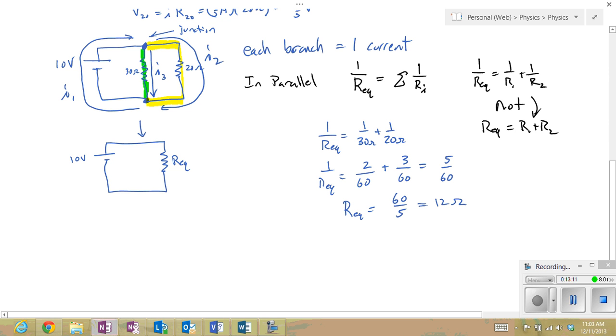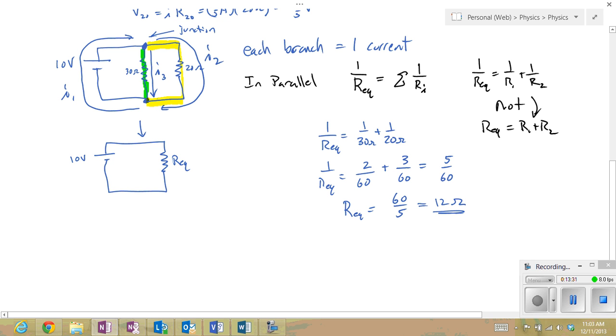Now you'll notice that when we were in series, when we put a 30 and a 20 together, the resistance was 50. Series combinations made the resistance go up. Here you'll notice that the resistance went down. The reason is that we actually gave alternate paths for the current to flow through.